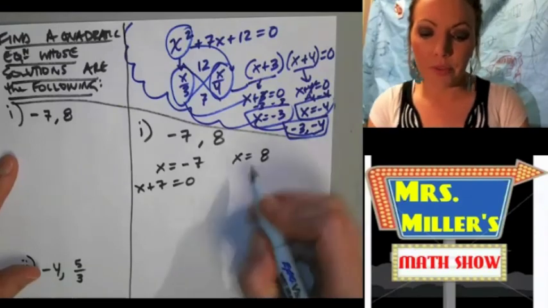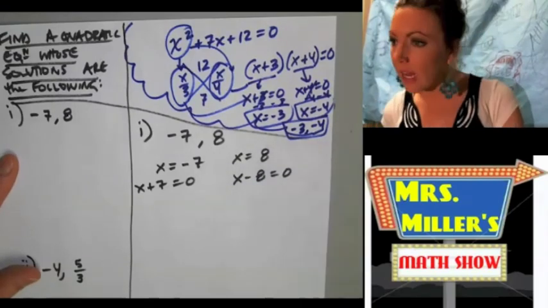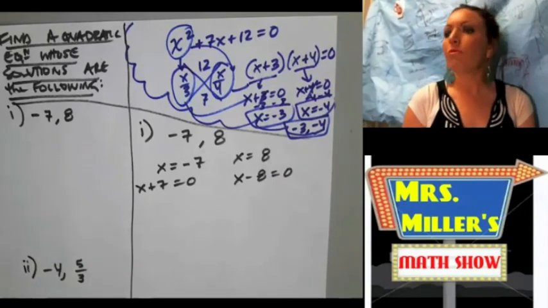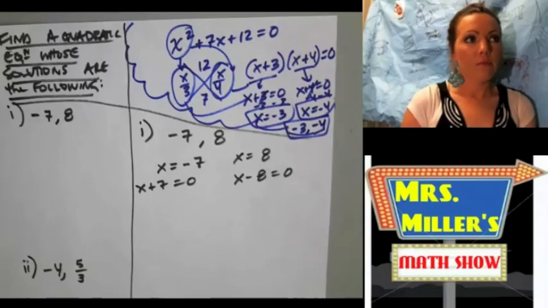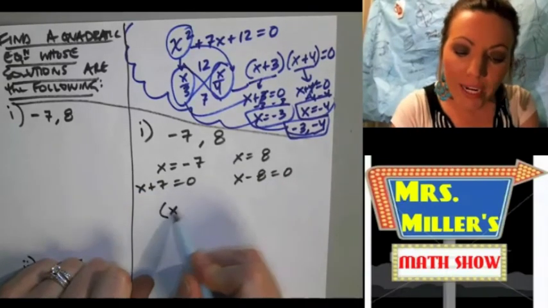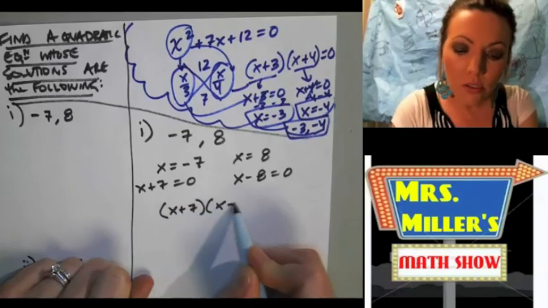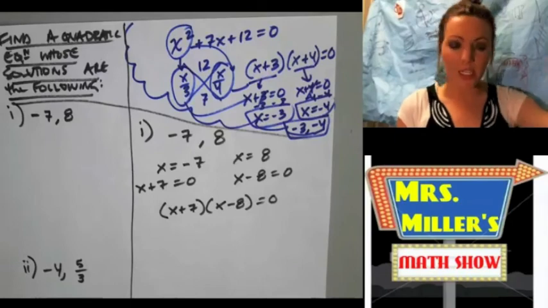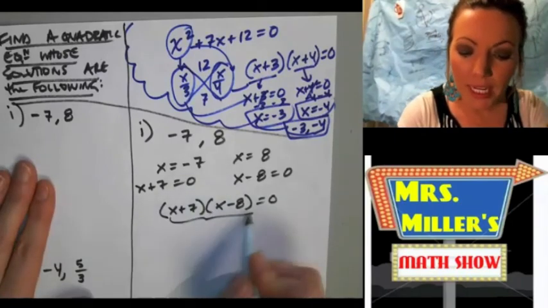X minus 8. Give it up for Vanessa. Okay, good. Where do we go from here? So how many people would agree that the way that I can get these two separate equations is if I could start out like that? Is that true? And then Shuggy said we have to FOIL it out. Excellent. Everybody give it up for Shuggy.